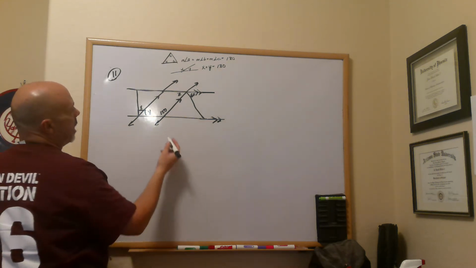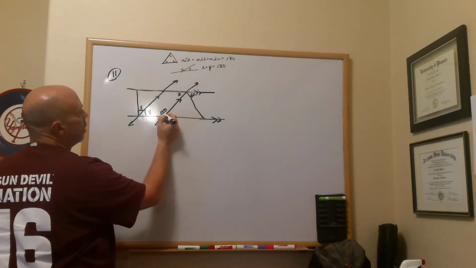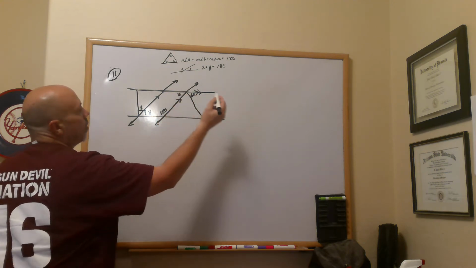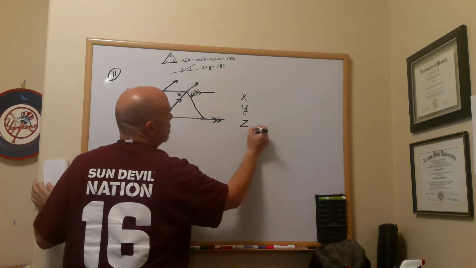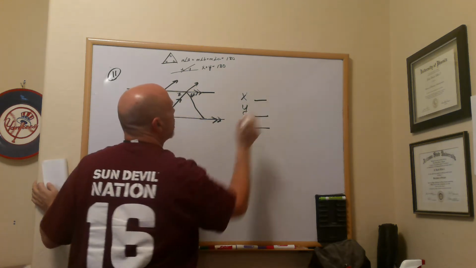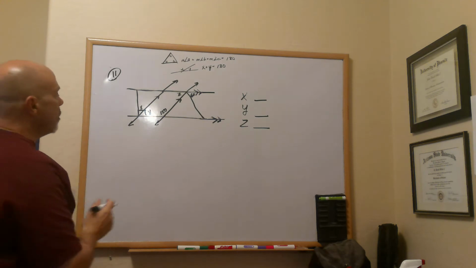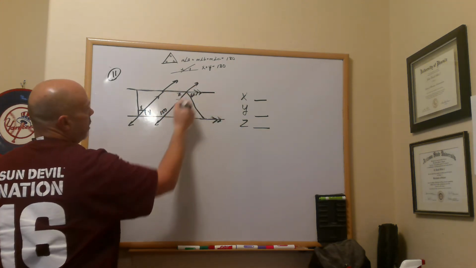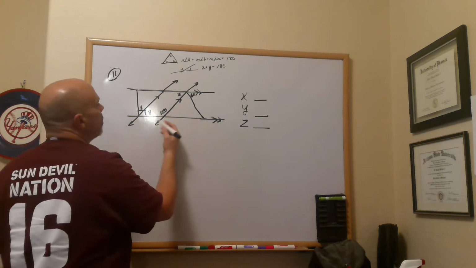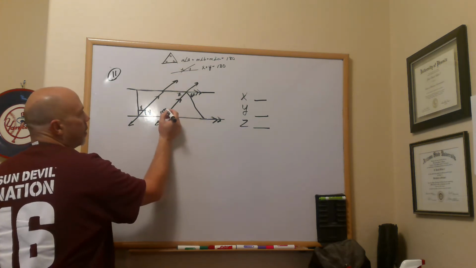And the reason I say that is because I have 150 degrees right here, and I'm asked to find x, y, and z in this particular problem. Now, I'm looking at this parallel line, that parallel line, and this transversal, for example, and I see that this angle is 150.